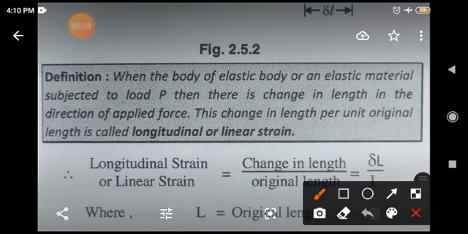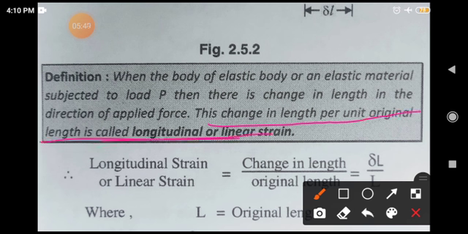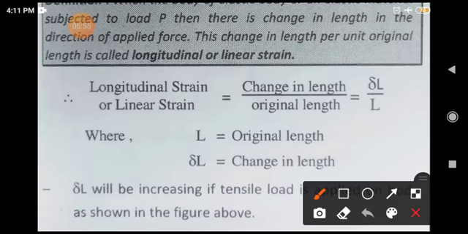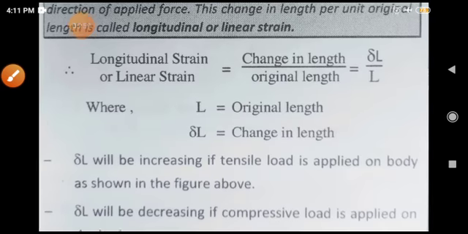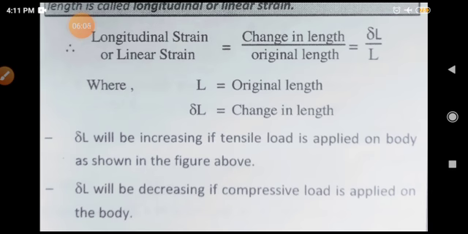You can simply see here the change in length per unit original length, or linear strain, where L is the original length and dl is the change in length. Now dl will be increasing if a tensile load is applied on the body as shown in the figure above. dl will be decreasing if a compressive load is applied on the body.